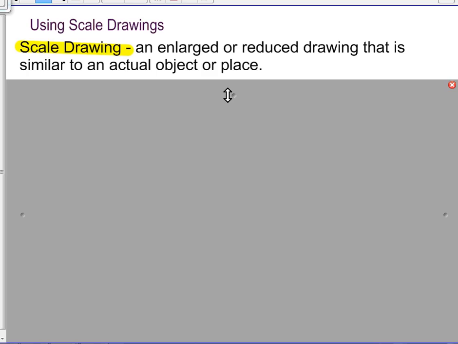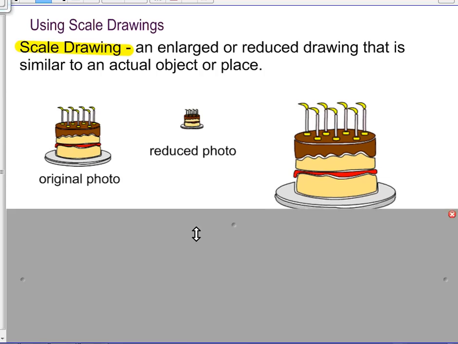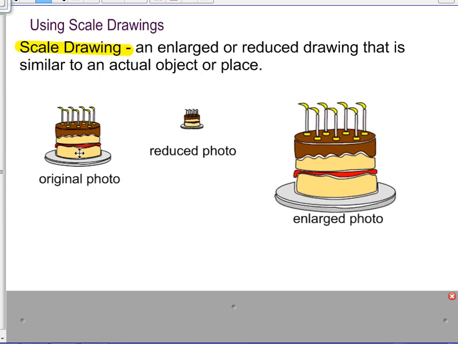The map is not actually the correct length from, let's say, Albuquerque to Los Angeles, but it will give you a similar figure or a proportional drawing of what that length would look like. So my original photo could be scaled down, or it could be scaled up. So it could be reduced or it could be enlarged.